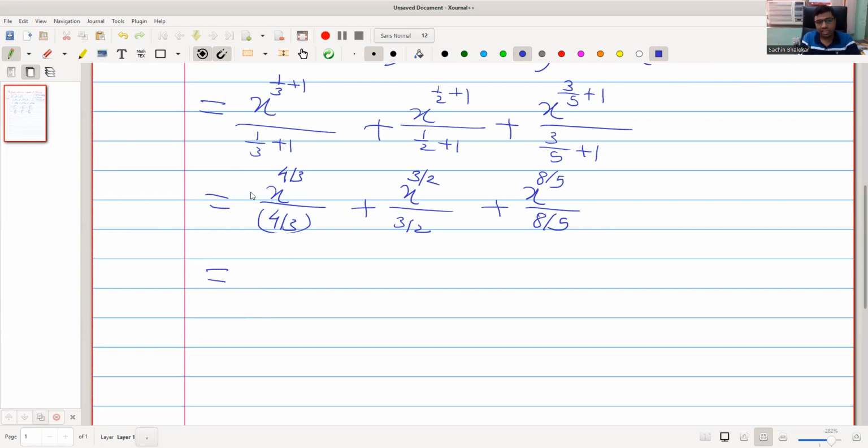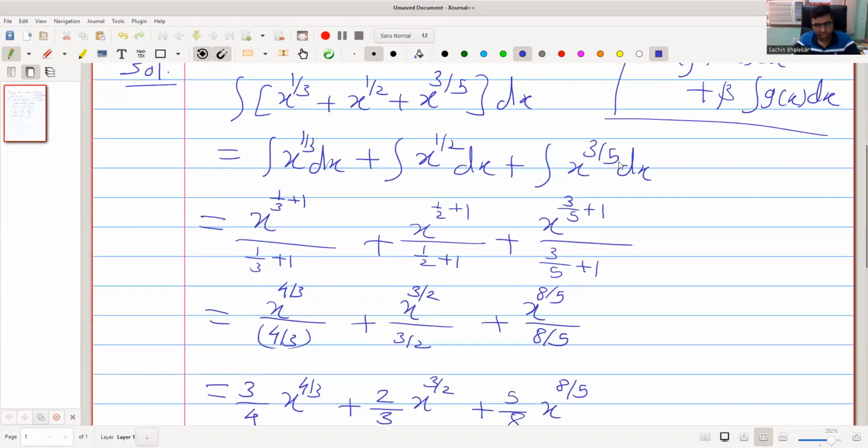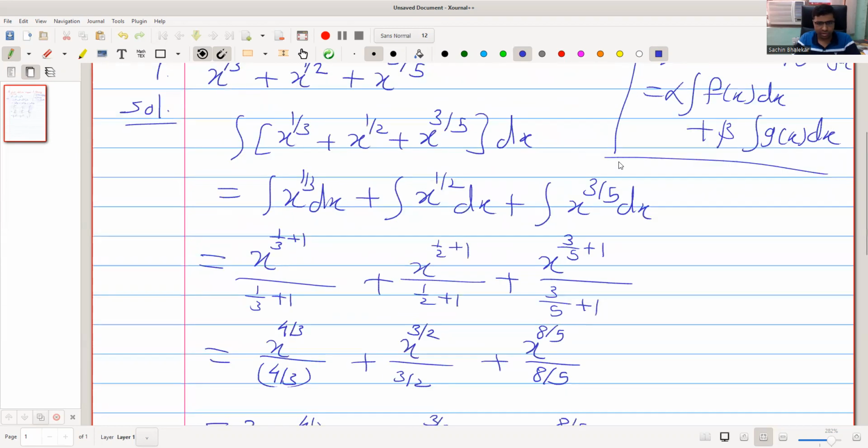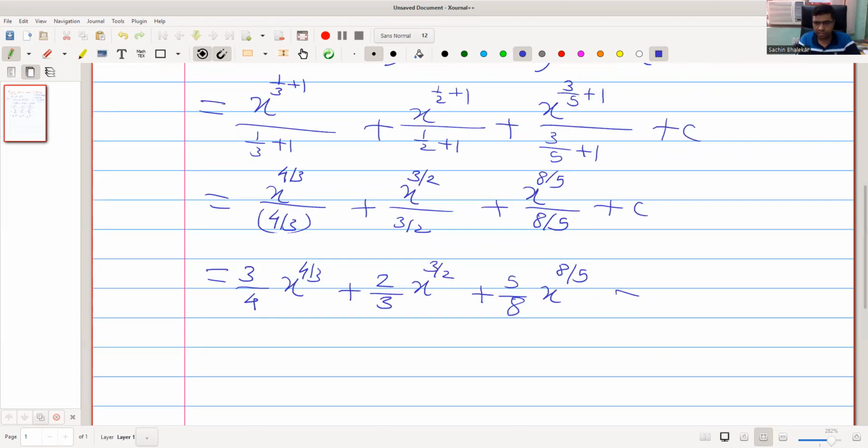It is same as 3 by 4. Okay, so 3 by 4 x raised to 4 by 3 plus similarly this 3 by 2 becomes 2 by 3 x raised to 3 by 2 plus 5 by 8 x raised to 8 by 5. Of course, I should write plus c everywhere when I'm integrating. Okay, so plus constant of integration. Okay, it can be any real number.